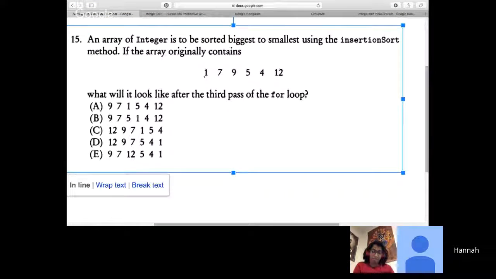So we're going to start with 1, and that's going to be the first element of our new list. And we're going to go to 7, and we're going to compare 7 to our first element of the list. And 7 is greater than 1, and we want to insert it in order from biggest to smallest.